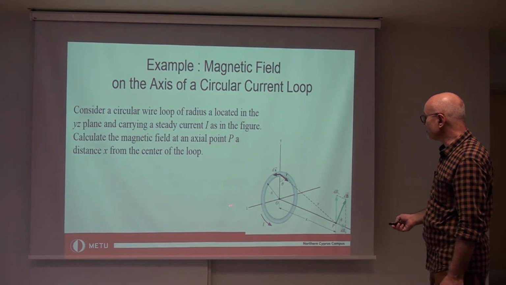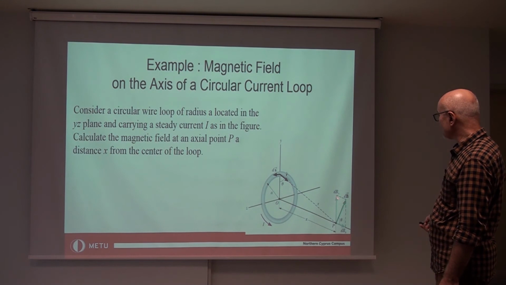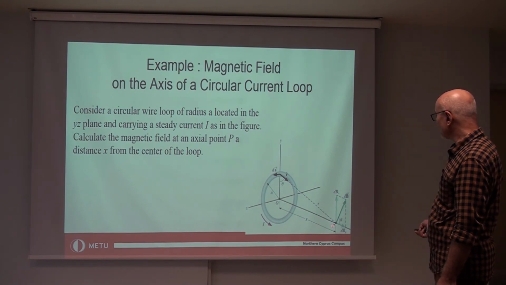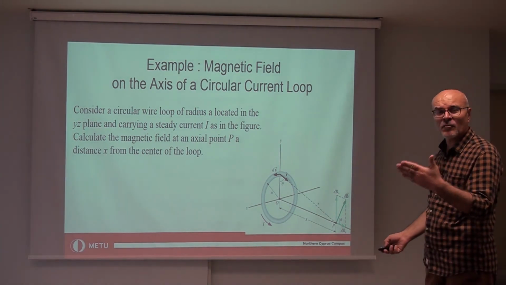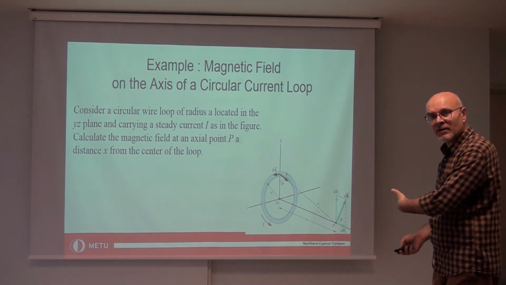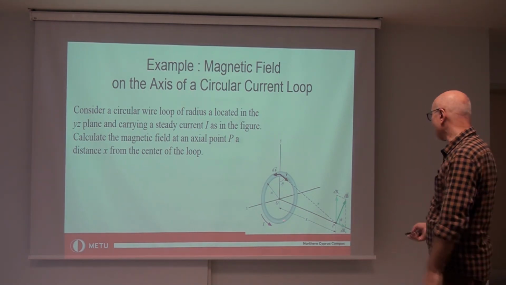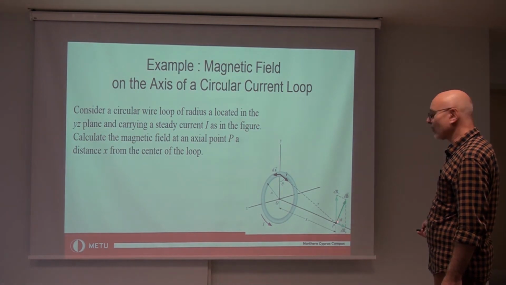Now according to this choice of axes, this dB has two components, one of them dB perpendicular, the component that is perpendicular to the axis, and one dBx, the component that is parallel to the axis. Now if this angle is theta, then geometrically this angle also is theta.